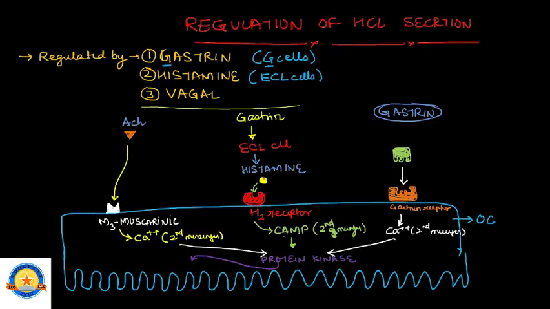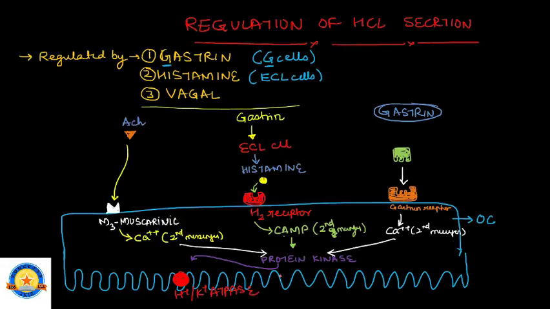What is that called? It will help in the synthesis of an ATPase called the H positive, K positive ATPase. The cell has already produced H positive and HCO3 negative. This pump will take out H positive and push in potassium. The chloride ion will be synthesized and then we'll be getting HCl.